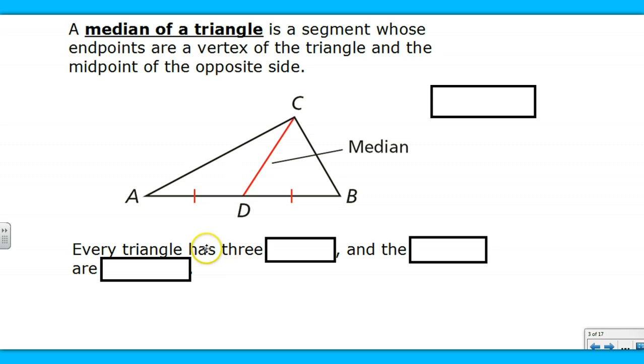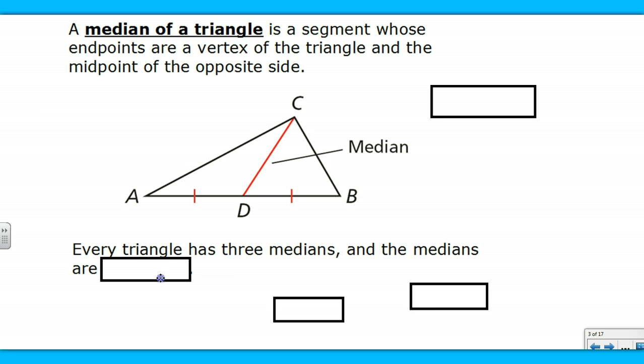So every triangle has 3 medians, right? And the medians are concurrent. Recall that from our last lesson. Look, we could draw a segment from vertex B to the midpoint of AC, right?